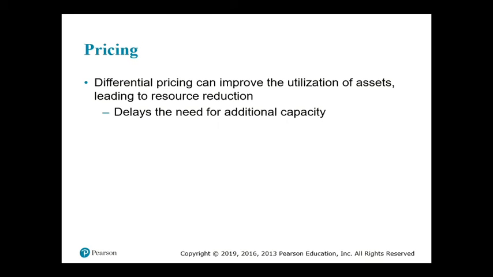In terms of pricing, we just talked about differential pricing. And differential pricing is an important lever to improve the utilization of assets. So, for example, in airlines, if we were to use differential pricing, we might be able to fill each airplane to a full extent.